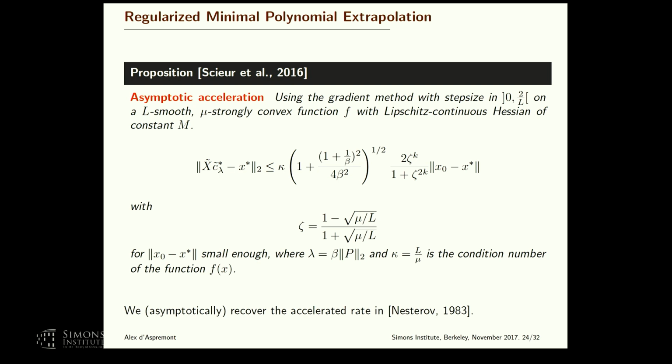And you can show that locally, at least, near the optimum, you recover the accelerated convergence rate, provided you set properly the amount of regularization. And so you get, again, linear convergence for basically extrapolated gradient descent with the accelerated rate.